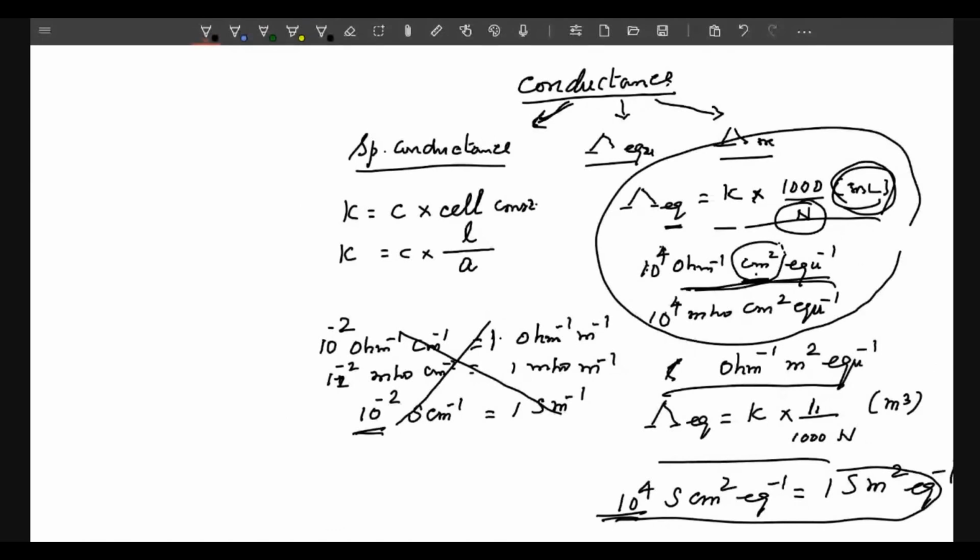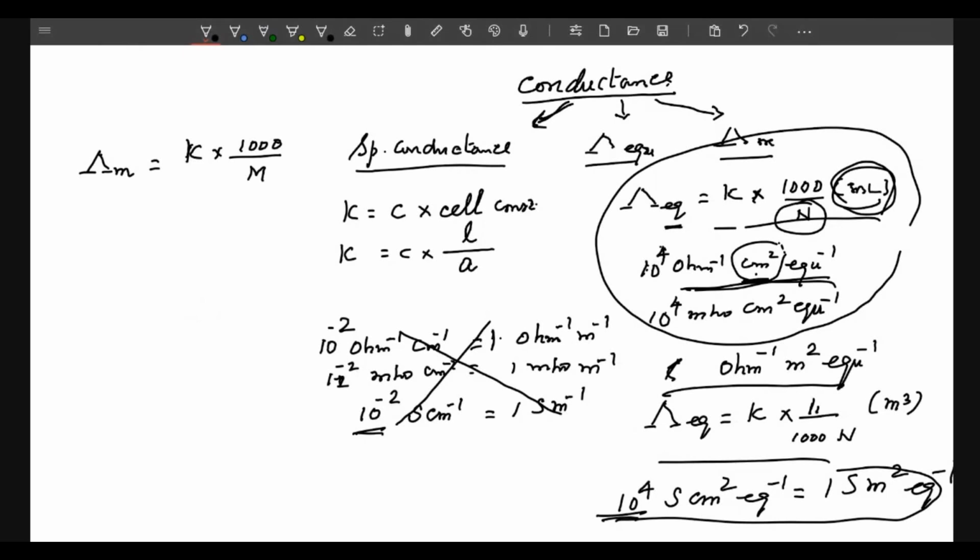And the third type of problem is the molar conductivity. The molar conductance can be given by the same type of equation as we applied for equivalent conductance, but one difference is that lambda m is equal to kappa into 1000 by molarity instead of normality.